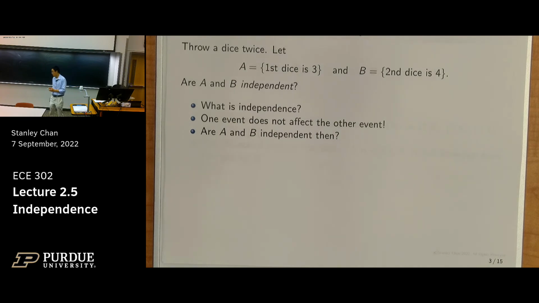Why? Conditional probability is about 2 events, event A and event B. Given that B has happened, what is the probability that A will happen? How do you define independence? Well, if B has happened, and the probability of getting A has nothing to do with B, then I say A and B are independent.